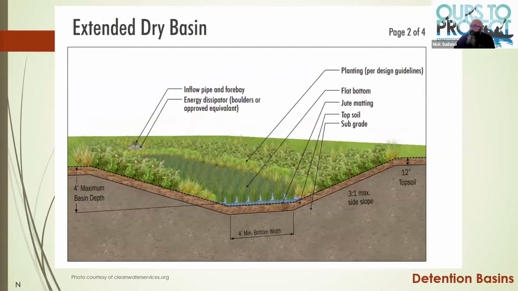Here we just wanted to show a graphic of how some of these are designed and working. One thing I'll point out is that all throughout the state, and even now as LID becomes more prevalent throughout the country, some of these features are designed with the same intent in mind but are called different things, so just be mindful of that.